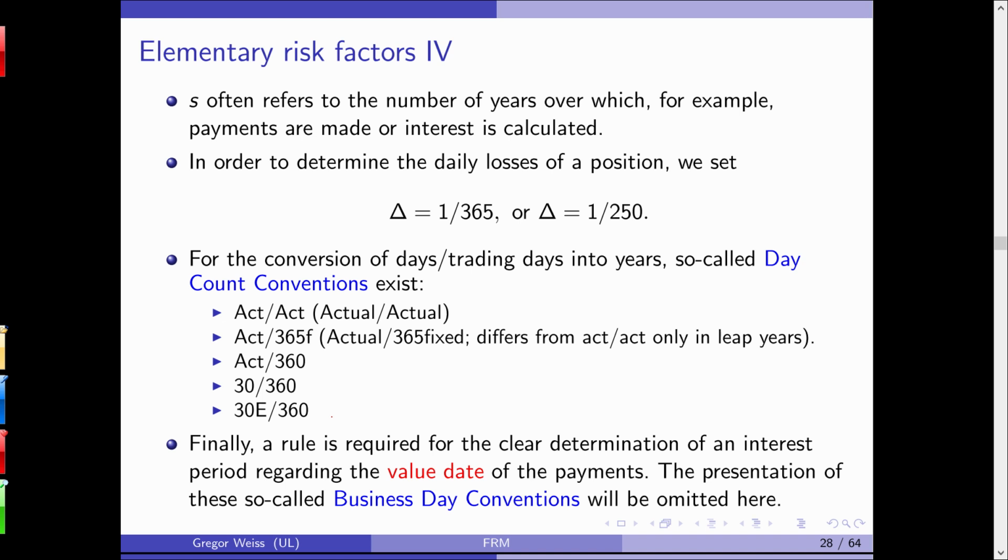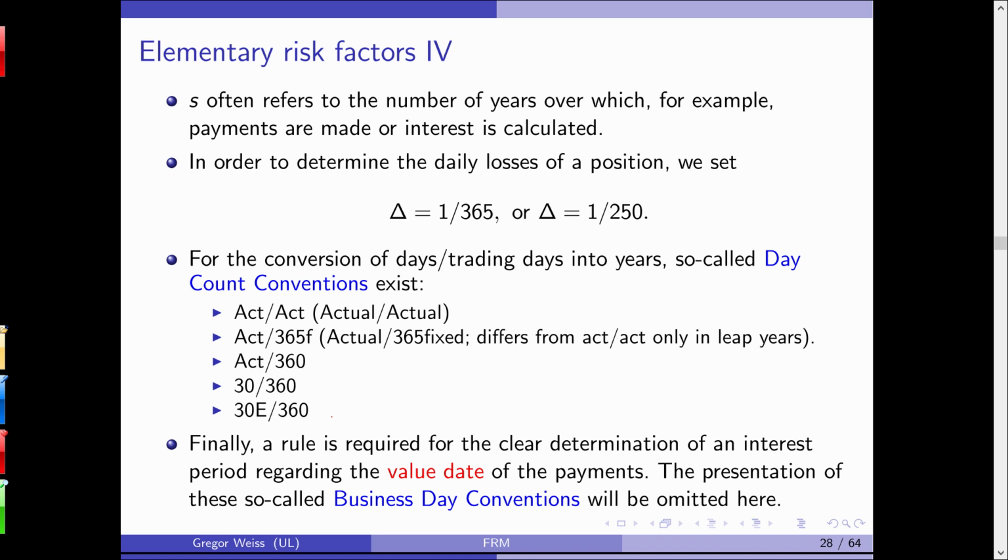So if you are in a leap year, Schaltjahr, February has 29 days. Actual 365F is the actual number of days of the month, but each year has 365 days.